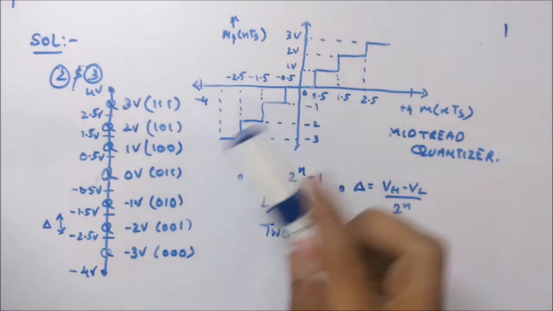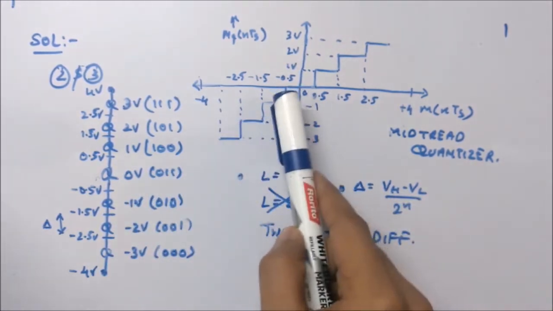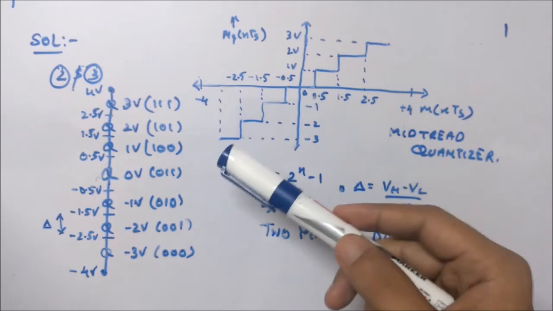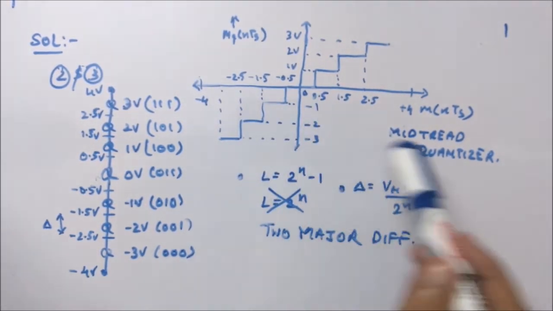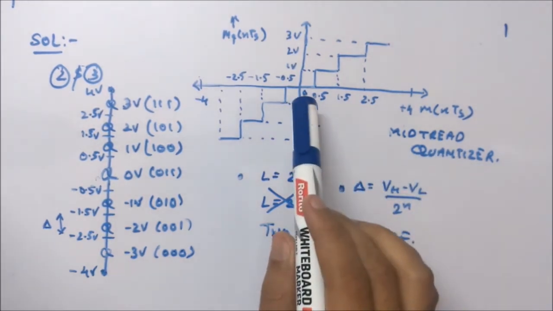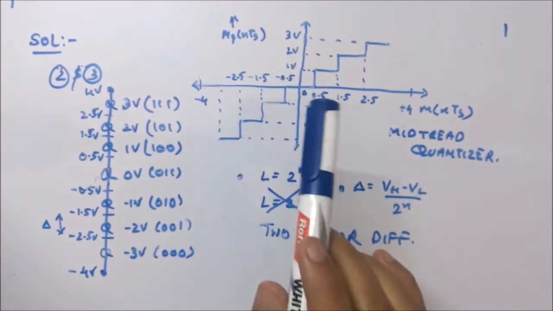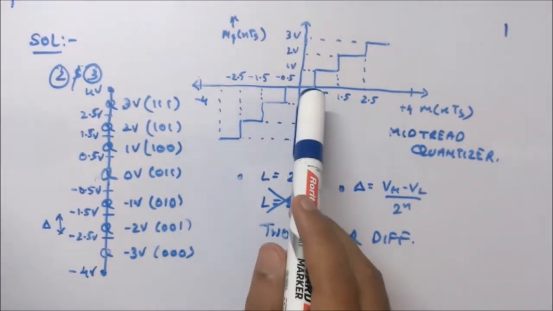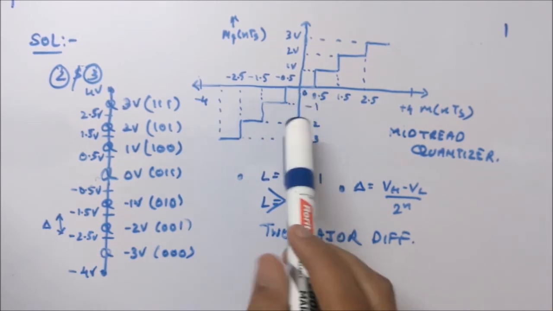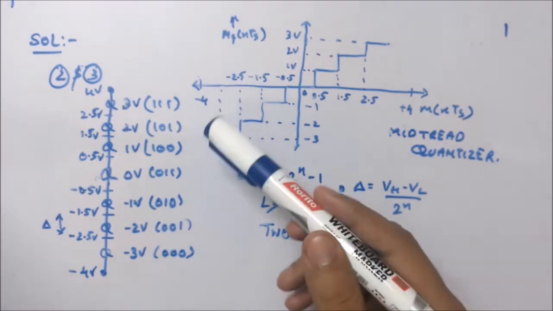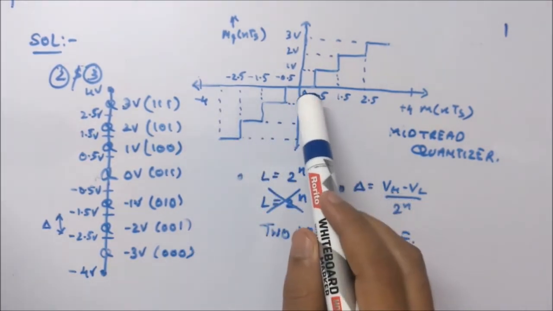So 0 is by default one of the quantized values. So always, when you use a mid-tread quantizer, 0 volt will be one of the quantized levels.